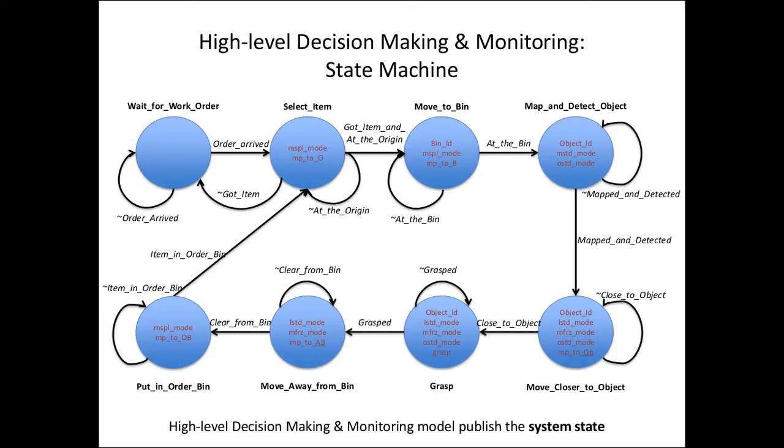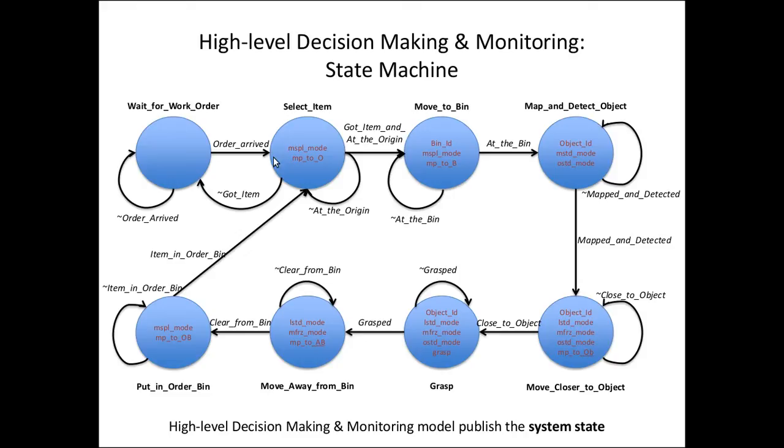This state continues to be the same state as long as the order has not arrived. This tilde symbol says that this binary variable, order arrived, is not true. When this variable is true, it means the order has arrived. For example, a file containing the order appears in a specific directory.